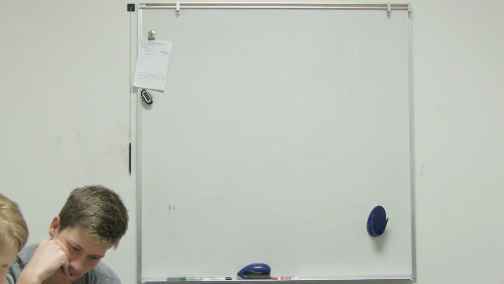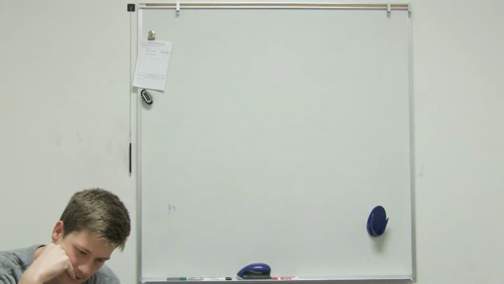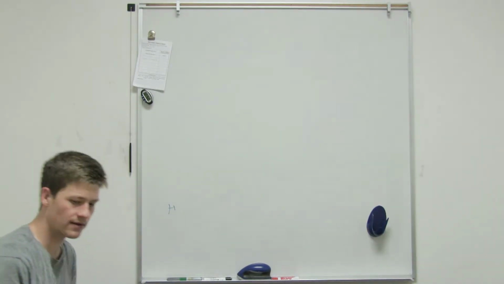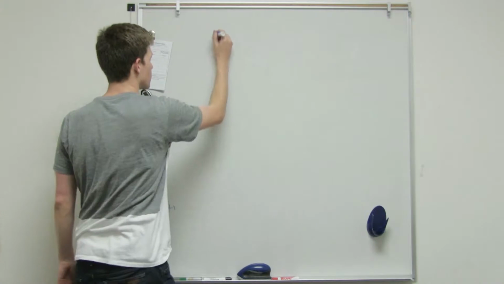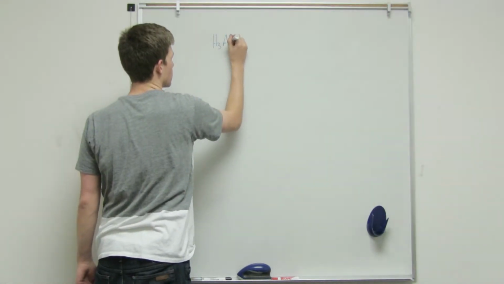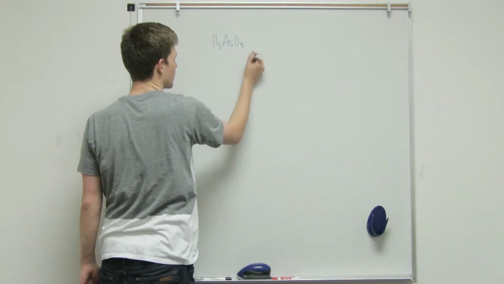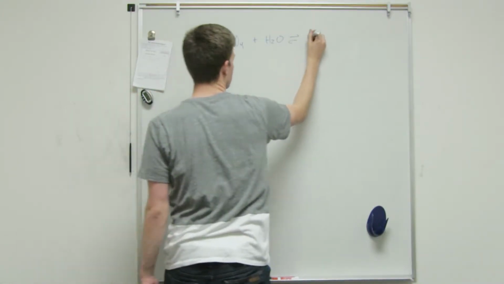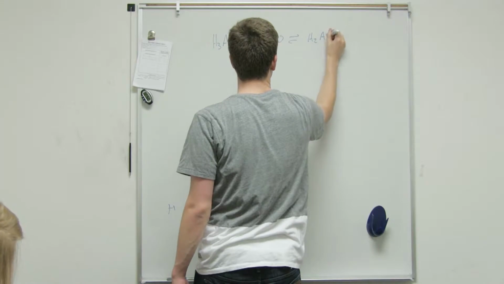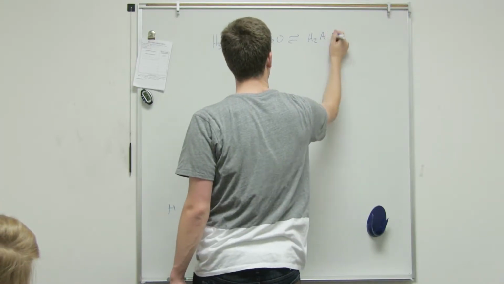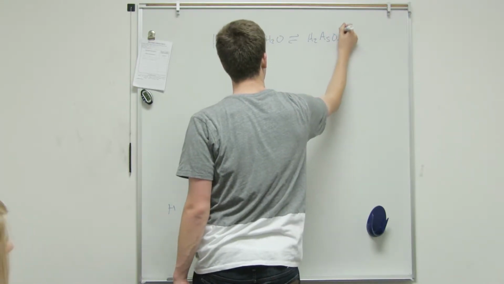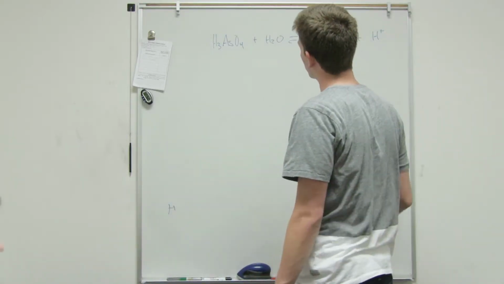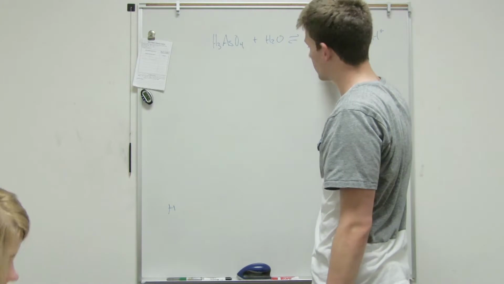Okay, so then what do I do? Now we have to think of it again. So we have this guy in water, and you said it gives us H2AsO4 minus plus hydrogen. Okay, so we have this one.